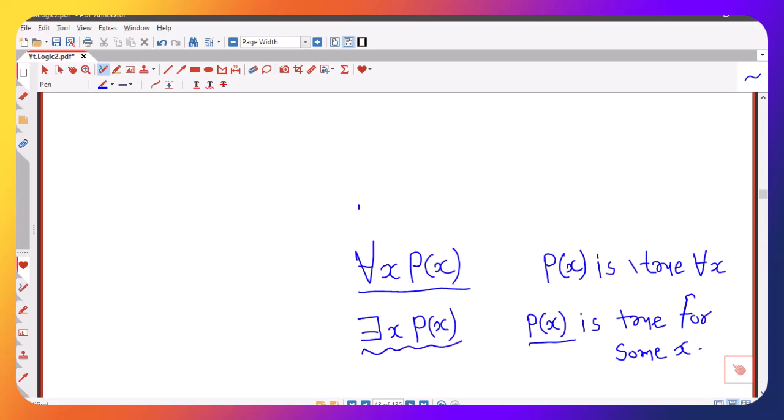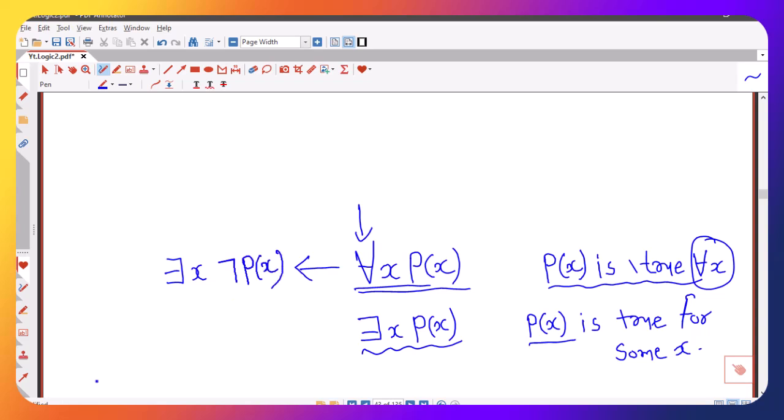And whenever we have for all x p(x), then this is true whenever p(x) is true for all values of x. Similarly, this is false if there exists some x such that p(x) is not true, and this is false if for every x p(x) is not true.